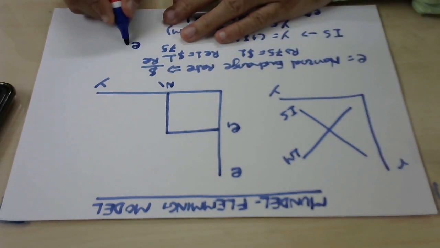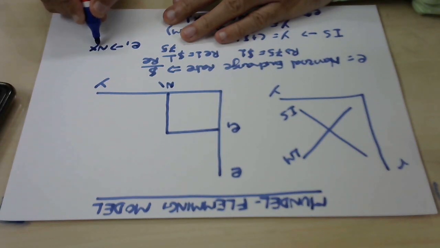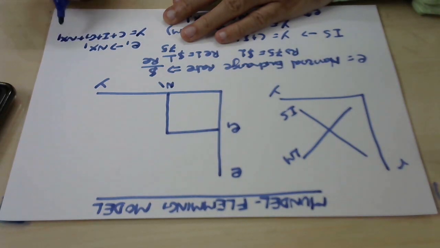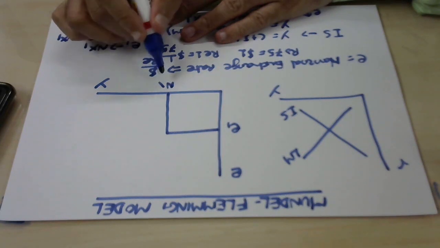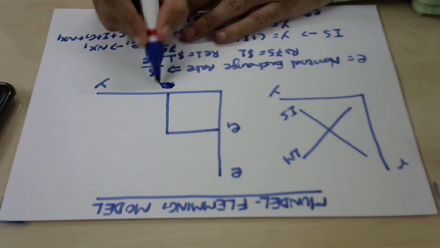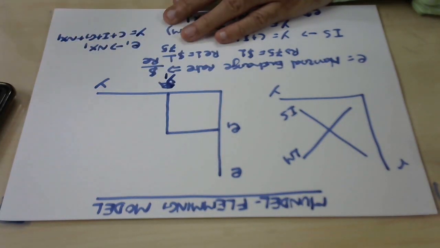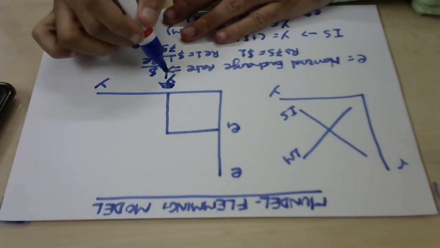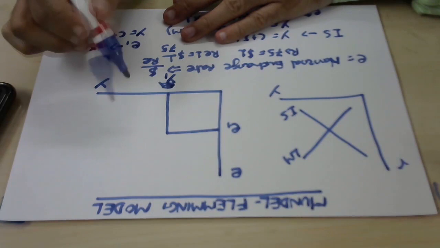So when E1 was the exchange rate, net exports were NX1. So Y was equal to C plus I plus G plus NX1. So this is Y1, which is taking into account NX1 net exports.